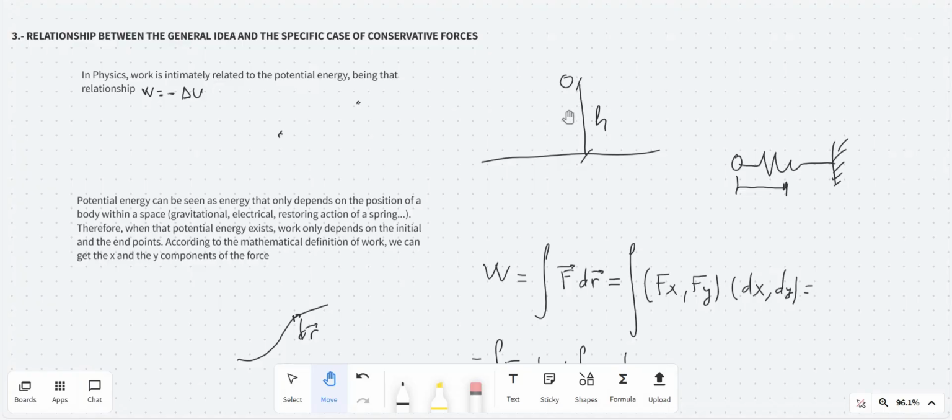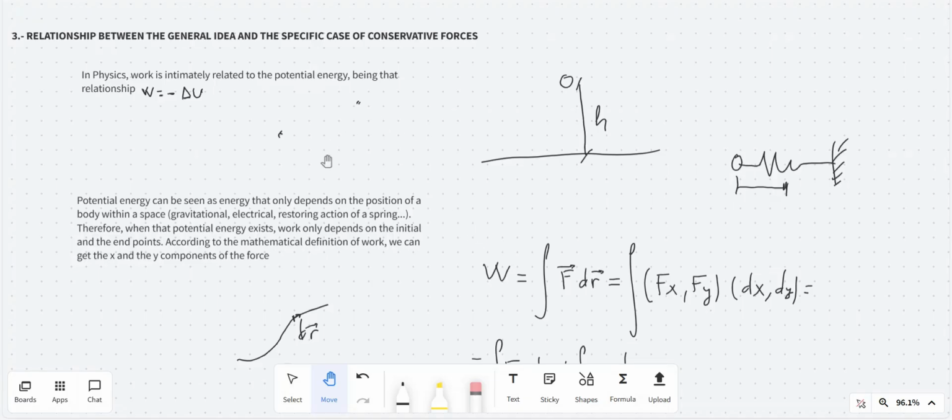It's the energy associated to the position or location of a body. So the higher it is, the more potential energy that ball will have. The same happens here with the restoring action of the spring. If you change the position of the ball, you are changing the potential energy of the system.